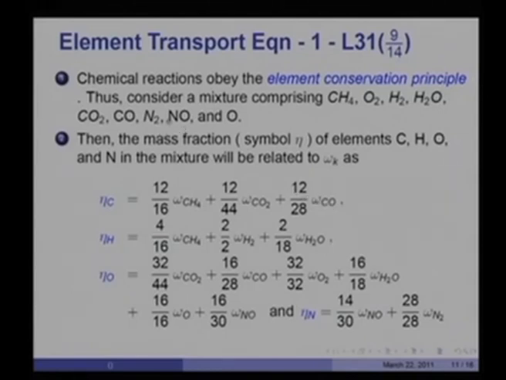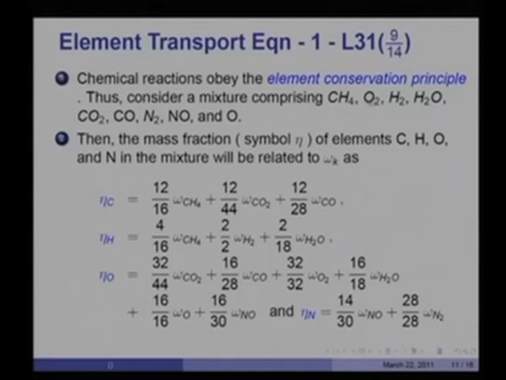Of course, other species do not have C and therefore, we need not worry about them. But hydrogen, for example, is involved in H2, H2O and in methane, and therefore, the hydrogen element fraction would be 4 by 16 into omega CH4, 2 by 2 into omega H2 and 2 by 18 into omega H2O.